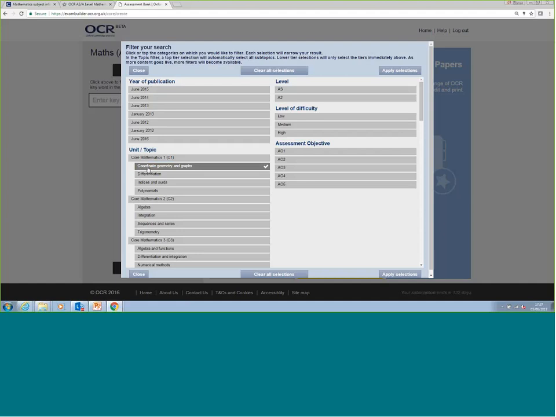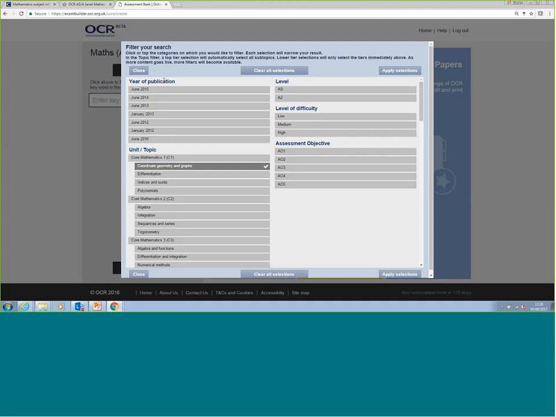We are currently mapping those across to the new content references, so they will be linked to the new AS and A-level maths and further maths specifications.